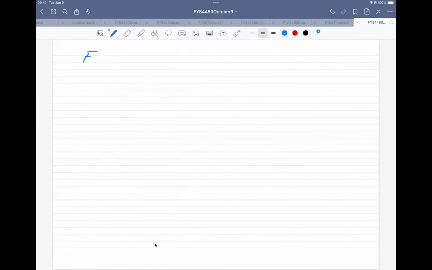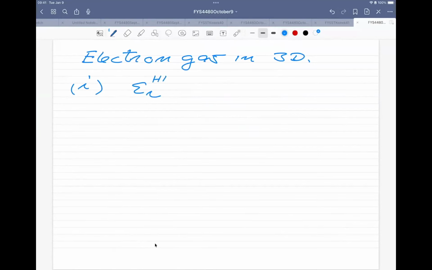I'm going to call this the electron gas in 3 dimensions. If we think back, our first step is to calculate the Hartree-Fock energy for this electron gas. We have the Hartree-Fock energy, and we can look at states above or below the Fermi level. Sorry, I should have had a p here to indicate that these can be states below or above the Fermi level.